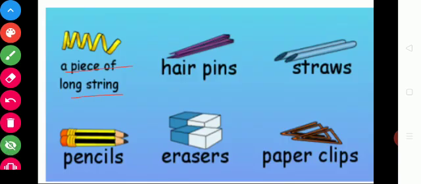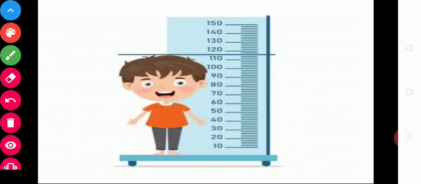Piece of long string, hairpins, straws, pencils, erasers and paper clips. So these also we can measure with the ruler itself. What is that unit? Centimeter. Yes. And your height can also be measured in centimeter.